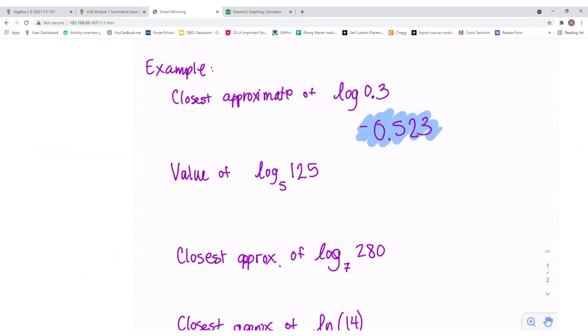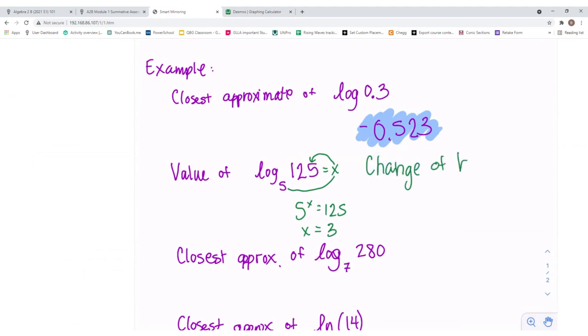If I wanted to evaluate log base 5 of 125, one of the ways that most people would do it is they say, okay, that's going to equal some number. So let's take it out of logarithmic form and see 5 to what power would equal 125. And I know that that power has to equal 3.